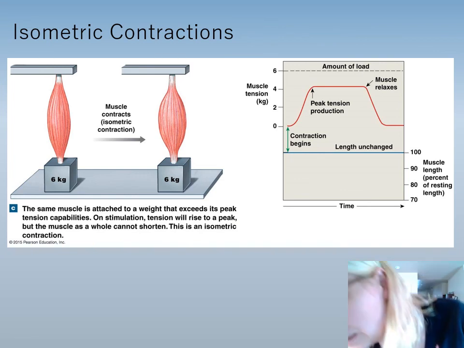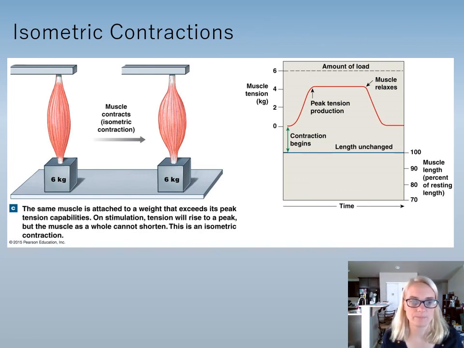So in that case, the length of the muscle stays the same, but you can produce tension. So in this case, the 6 kilogram weight is too much for the muscle to overcome. So here you're producing tension, you just cannot lift the load, okay?